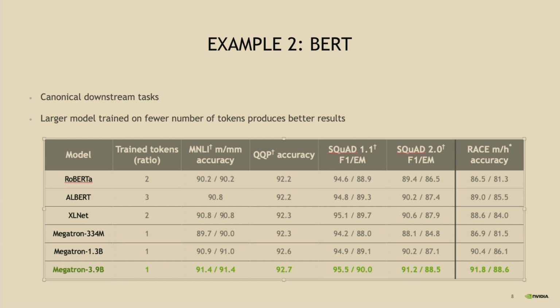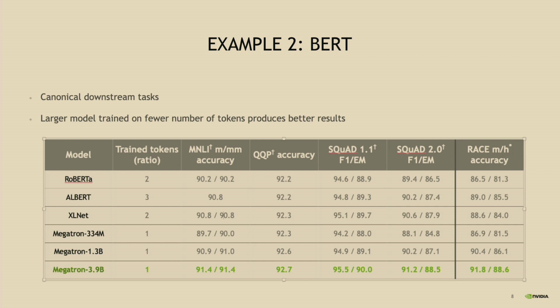Moving to a more commonly used model, BERT, we observe similar trends on downstream task accuracies when we scale the model. Here we're showing the accuracy of different models on some canonical benchmarks such as MNLI, QQP, which is paraphrasing, SQuAD 1 and 2, which are question answering, and RACE, which is a reading comprehension task.